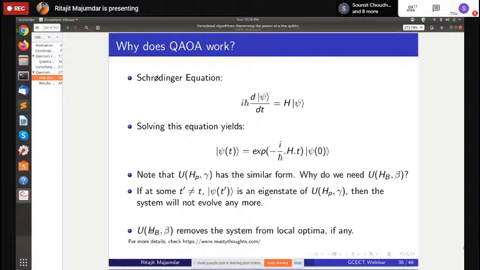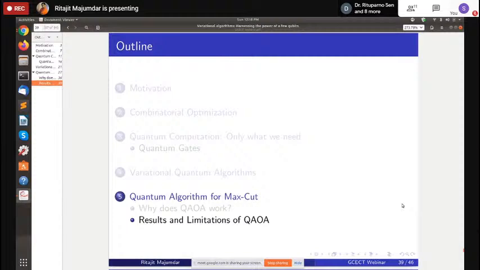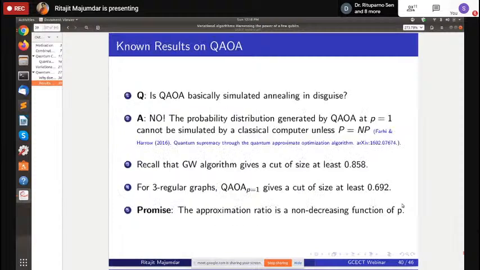So here I am saying that it can get trapped in a local minimum, so you are using this U_HP beta operator to remove it from the local minimum and drive it towards the global minimum. So the question is basically, is QAOA simulated annealing in disguise? Just by using lots of mathematical terms and quantum computing, have we just turned up with simulated annealing? The answer is no.